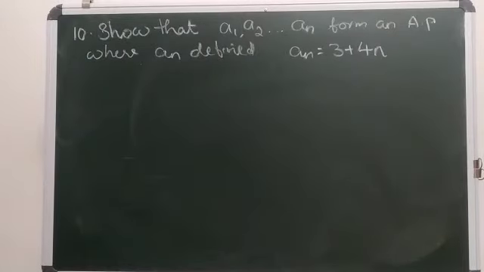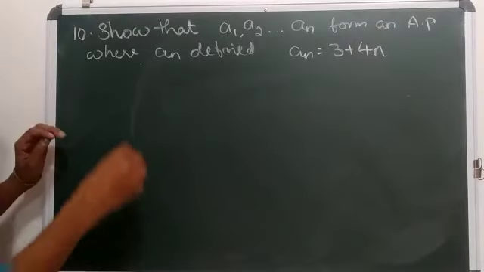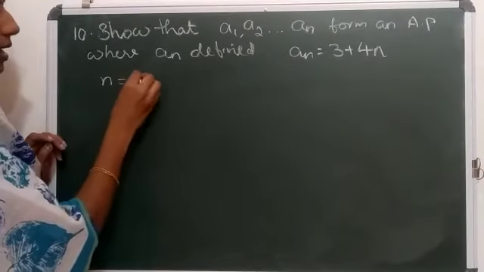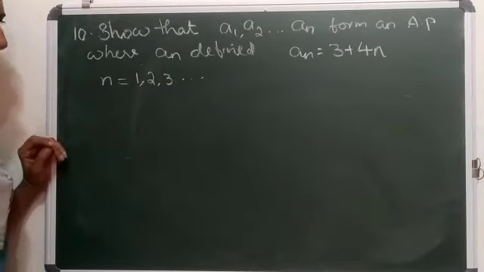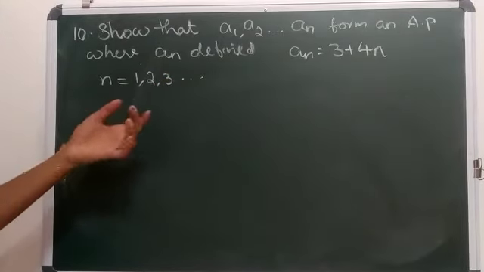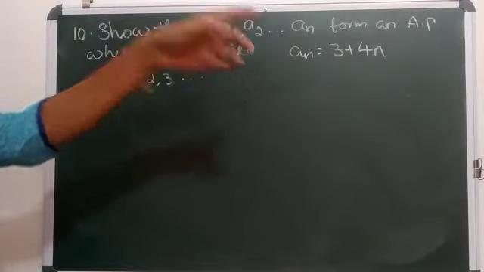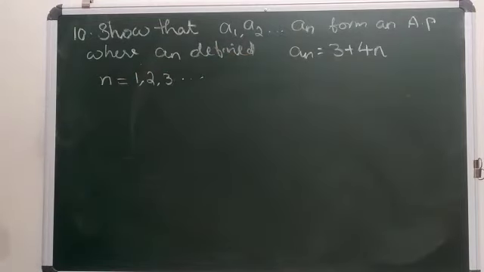Now see the question. Show that a1, a2, etc. up to an form an AP where an is defined as an equal to 3 plus 4n. So from here we can find, take n equal to 1, 2, the value of n is 1, 2, etc. Because an is equal to 3 plus 4n is given.